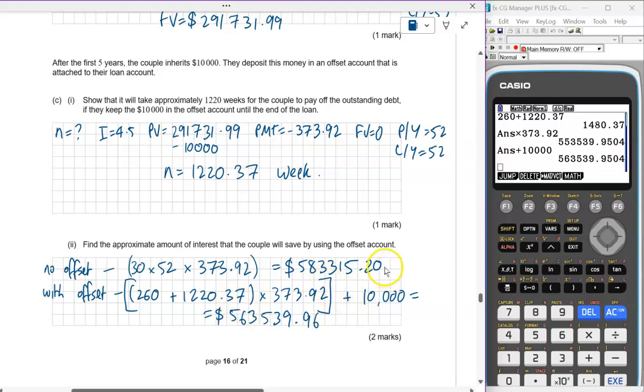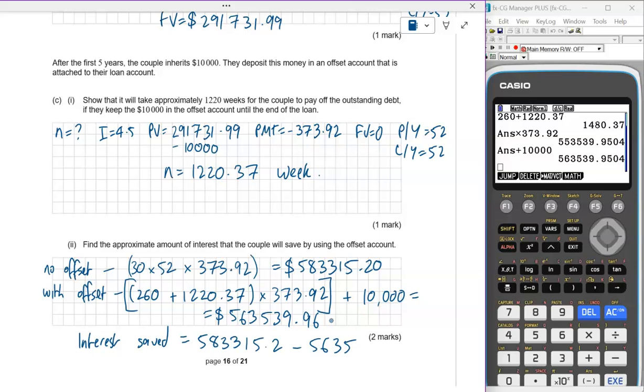So the difference between this amount and this amount is the amount of interest that they save. So interest saved is equal to 583,315.20 take 563,539.96.